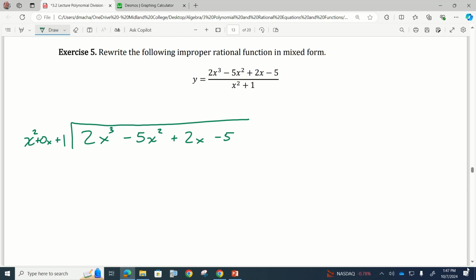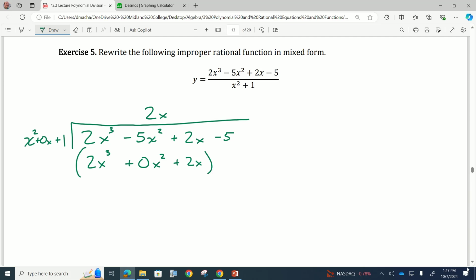And we ask, what times x squared gives me 2x cubed? 2x, yeah. 2x times x squared is 2x cubed. 2x times 0x is plus 0x squared. And then 2x times 1 is just plus 2x.